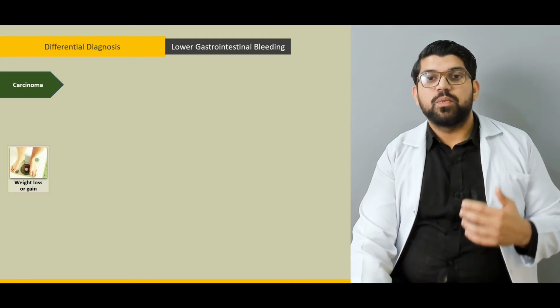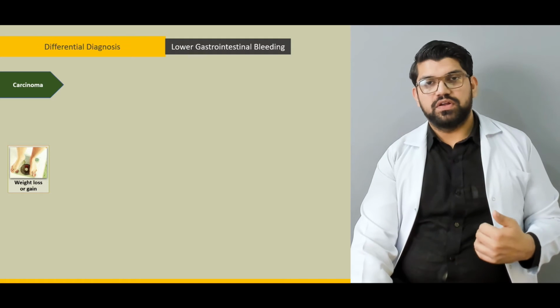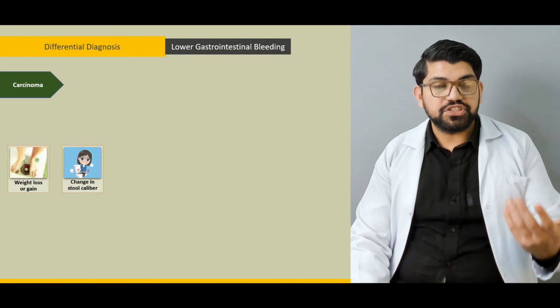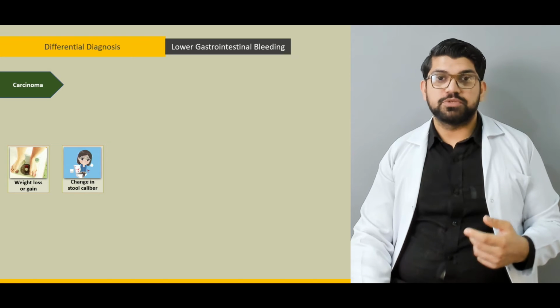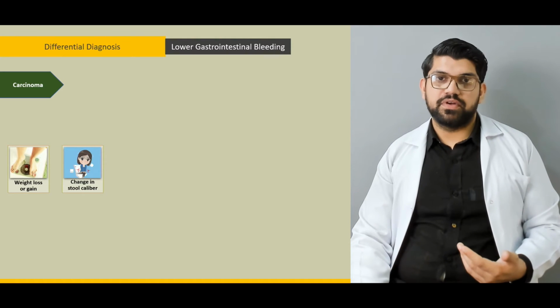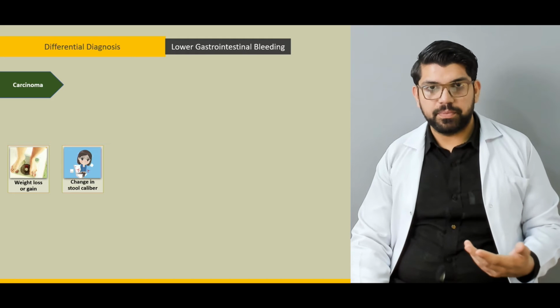There are symptoms which involve the right colon or left colon. Change in stool caliber. Constipation can be a sign of carcinoma, prolonged constipation. Elderly age can be a risk factor.